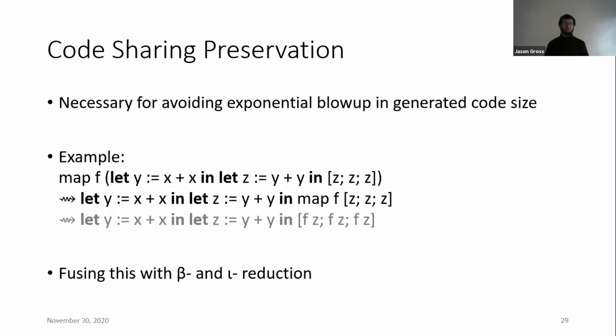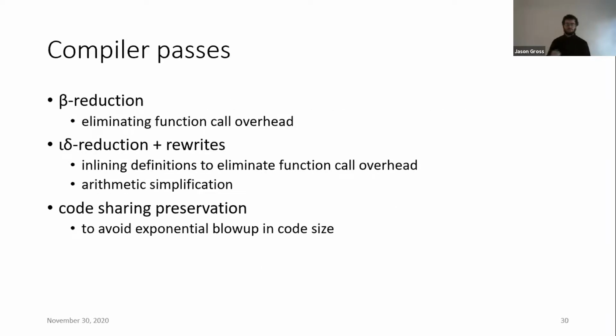And so we really need to move the let binders out of the way in order for it to trigger. And if we were to inline the let binders instead, that would lead to exponential blow up in the generated code size. And note again that here, in the third reduction step, doing iota delta reduction without having other optimizations, perhaps without rewriting in beta in this case, leads to a blow up in the size of generated code. And so again, the interesting parts are fusing the passes.